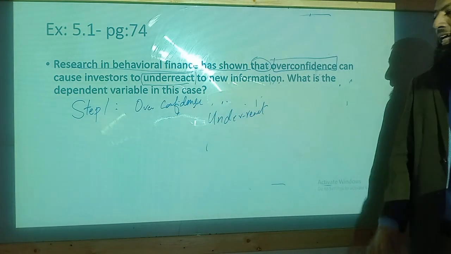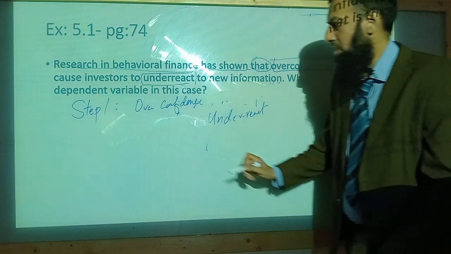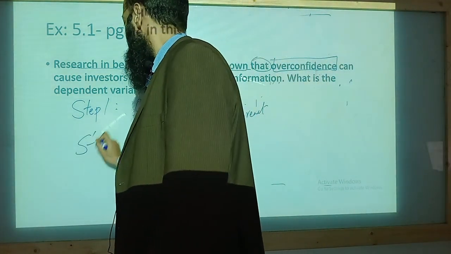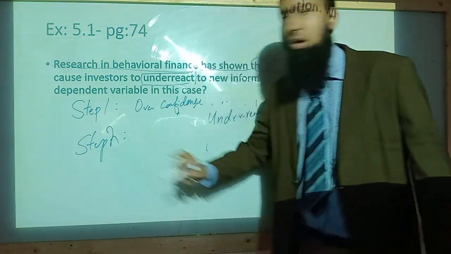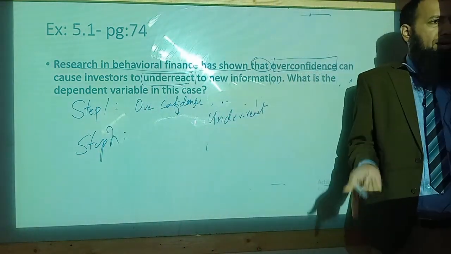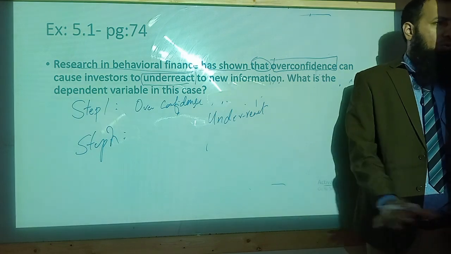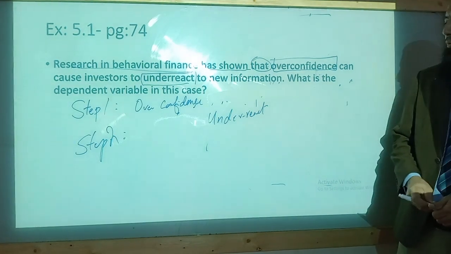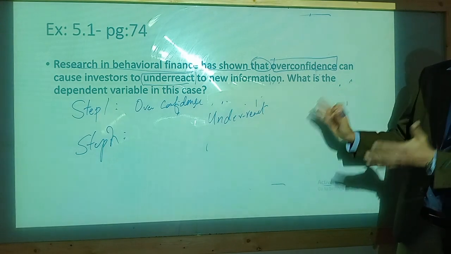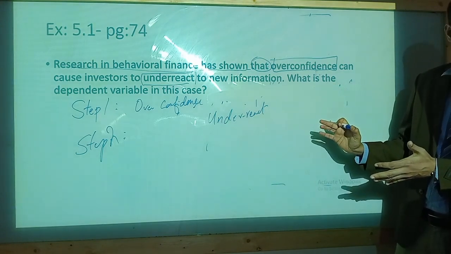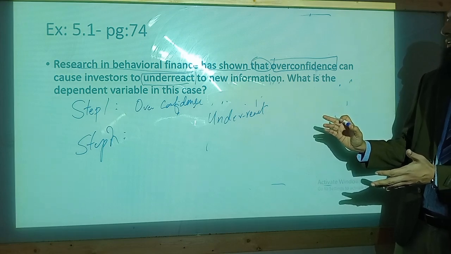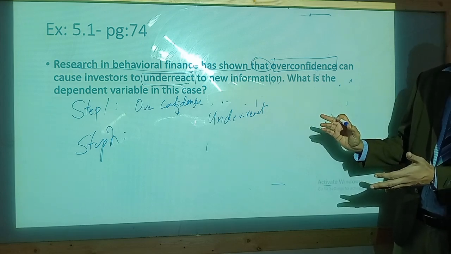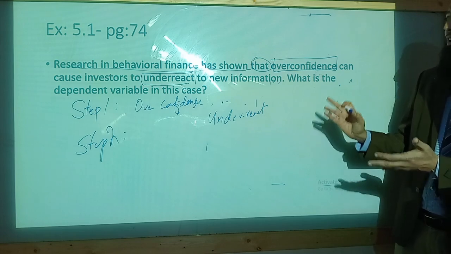Okay. Now second step. Step 2 is what? Categorize. Since we are interested in one category, that is the dependent, we have learned that. We do not know more than that. So what should be the dependent variable? The main actor. What is the main actor?